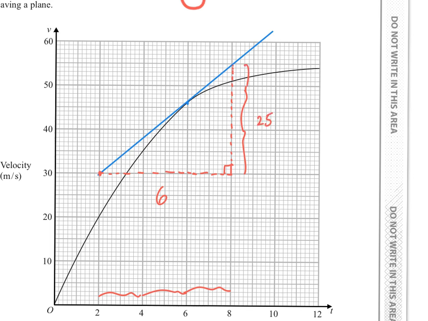So I would say that the gradient of that line would be, now you can do it two ways because I think I explained that in question 10.